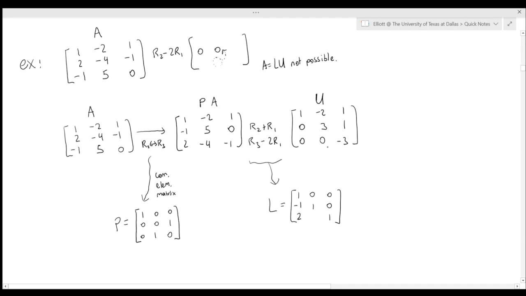We did not do another row operation because this was already a 0. So we're just going to put 0 in that entry, okay? So then with this L and this U, that gives us an LU factorization for matrix PA. And that gives us the PA equals LU.